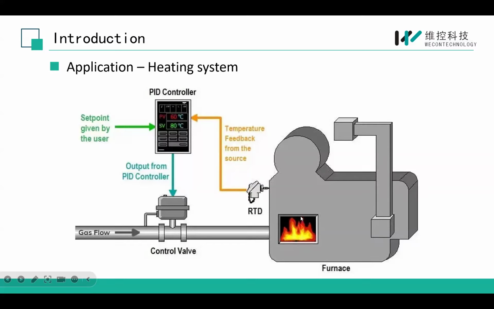And in this graph, the RTD feeds back the real-time temperatures to the PID controller. After comparing to the set point, it will adjust the PID output to control the flow rate of the gas.